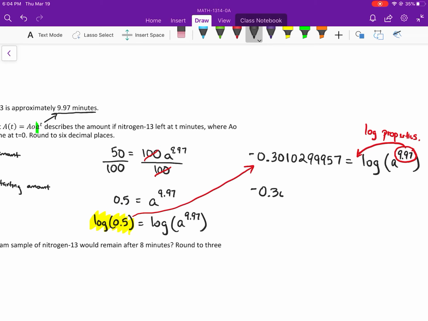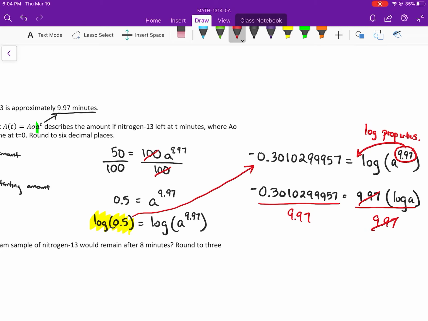Negative 0.301029997 equals 9.97 times log A, because that's all that's left over there is log A. Now we can divide both sides by 9.97.